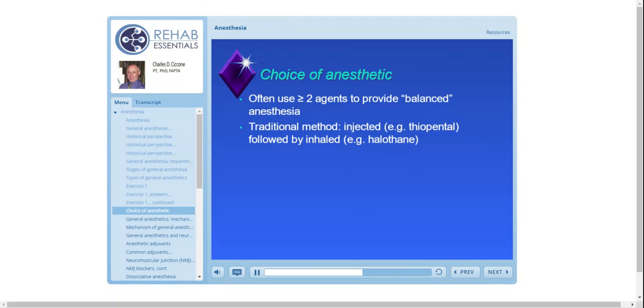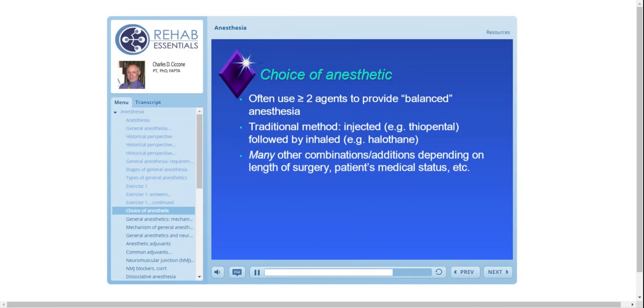The inhaled agents take effect more slowly, so we wouldn't want to start from fully conscious and have the patient inhale the drug. The advantage of the inhaled is that they can be regulated very carefully by adjusting the amount of anesthesia, the breathing rate, the amount of oxygen supply. So that gives us this nice synergy between these two methods. Small amount to get the patient under, and then switch to an inhaled to keep the patient under.